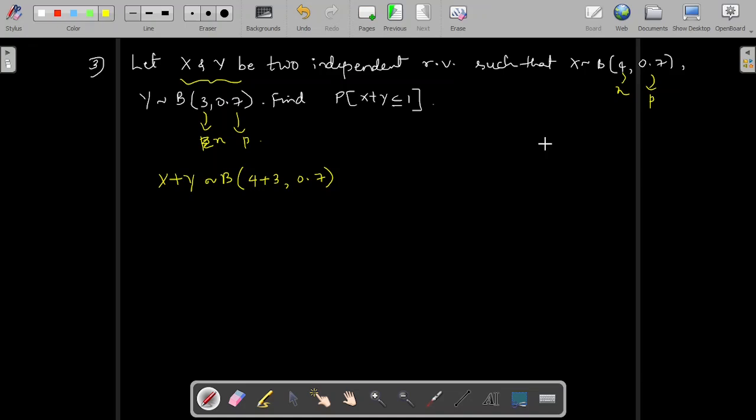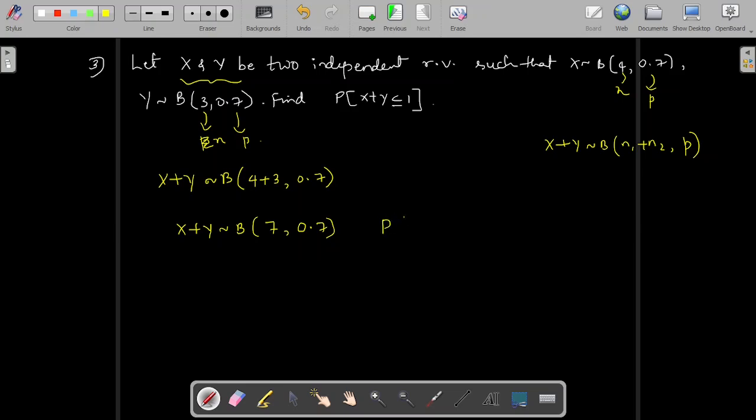The condition is that x plus y follows the binomial distribution with parameters n1 plus n2, p only when the probability of success remains the same in both distributions; then only x plus y can be combined, otherwise you can't combine. So n1 plus n2 you can do. Now here n1 is 4, n2 is 3, so x plus y follows the binomial distribution with parameters 7 and 0.7. n is 7 and probability of success is 0.7.